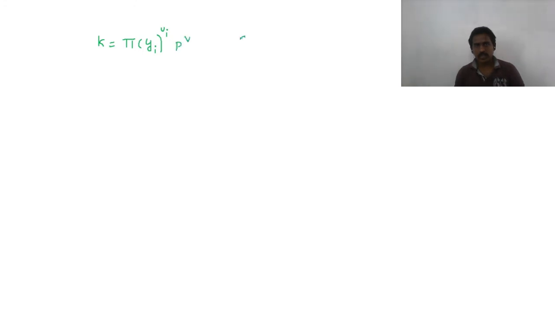For our reaction, SO2 plus half O2 gives SO3, v will be minus 1 minus 0.5 plus 1, which is minus 0.5.